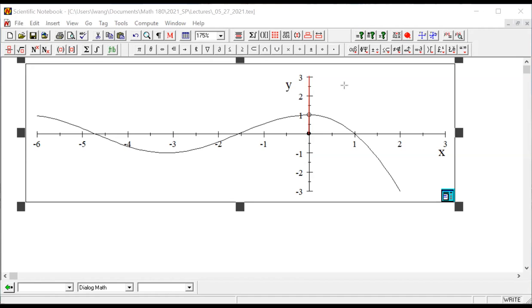Okay, do you see that? This function is very different from other functions because of the way it's created. This function actually has a discontinuity at 0. You learn that concept, discontinuity, because of the way it's defined.